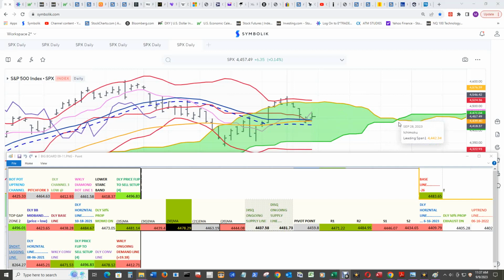And then there's a cloud twist here where the yellow line goes under the green line. It means really nothing. It's just that there'll be a Kumo twist, or cloud twist, here, and then the cloud is still very thin for several days after that, and the top of the cloud is flat up there around the middle of the 4400 zone, 4467, and it comes really close together over here on October 9th.